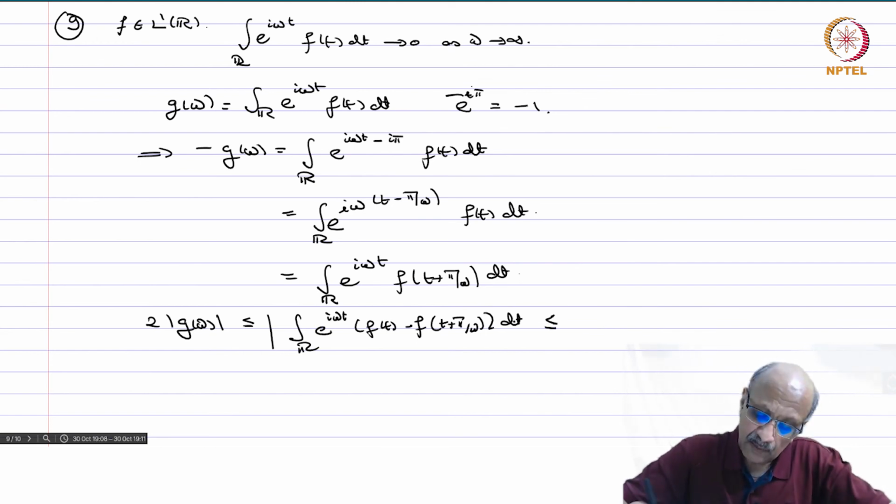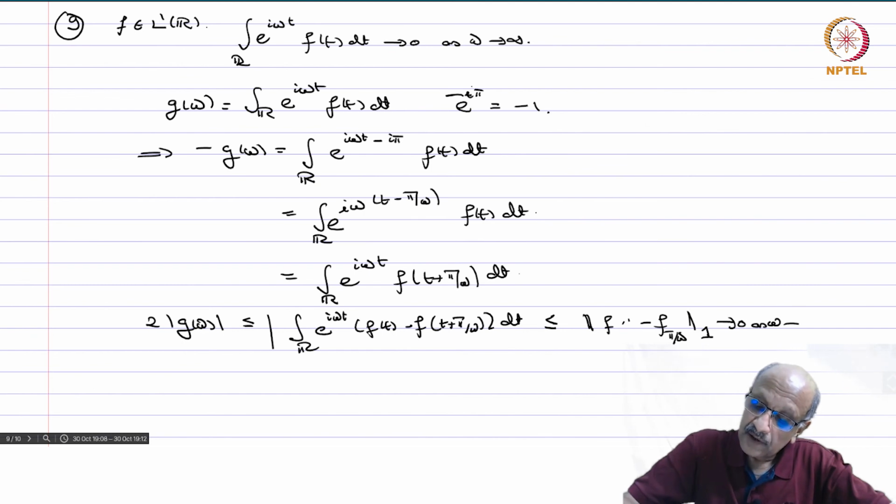Now if I take the modulus inside, e^{iωt} is 1, and then I will get nothing but the L1 norm of f minus f translated by π/ω, and that goes to 0 as ω tends to infinity, because π/ω goes to 0, and that is the h translation. This is by exercise 8.